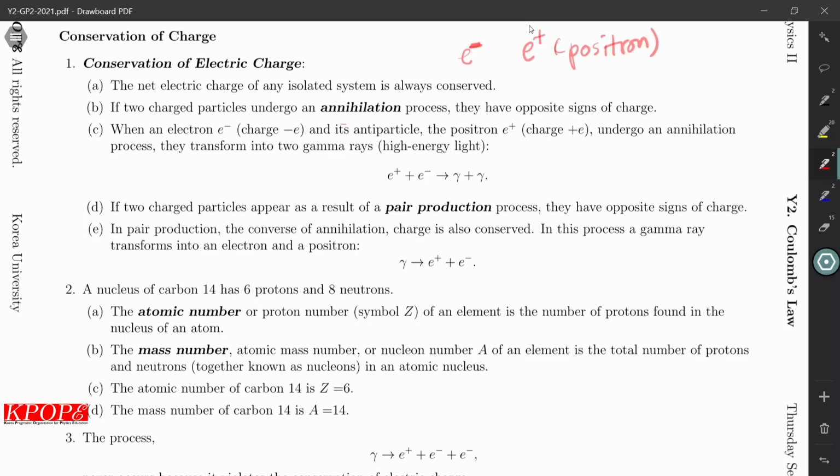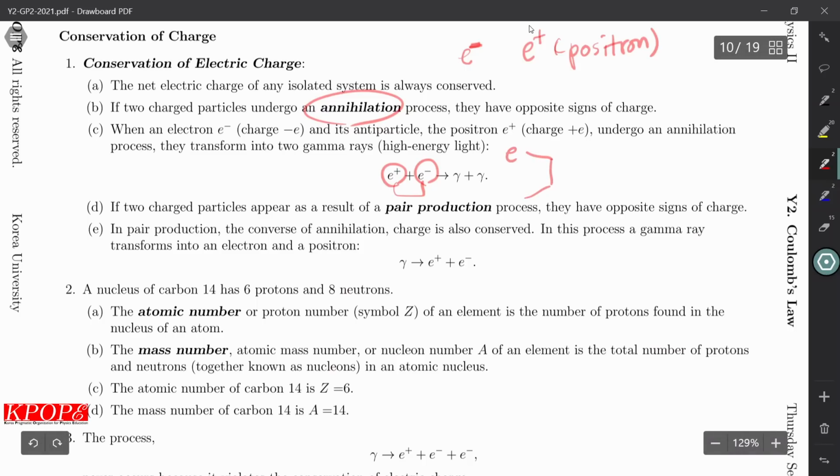This is the annihilation process. Electron and positron meet together. The net charge is 0. They can convert into 2 photons. This is not a single process, but it is allowed. e plus and e minus annihilate into 2 photons.